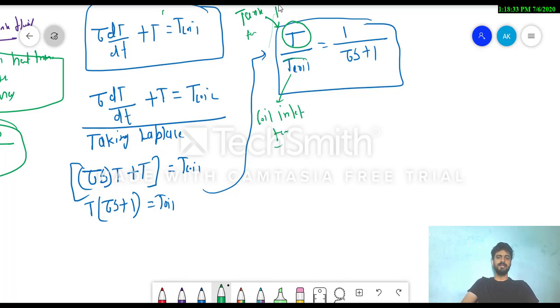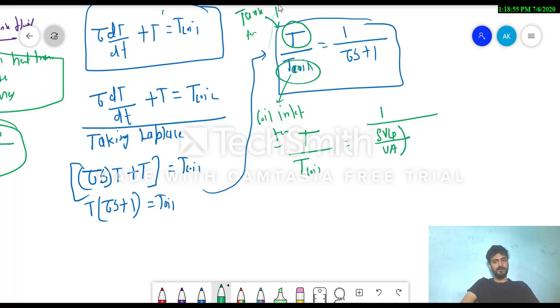If the coil inlet temperature is changed, say there is a step input of coil inlet temperature of 10 degrees centigrade, then they will be asking for the output response. So you can write T upon T coil equals 1 upon (rho V Cp upon UA) s plus 1.